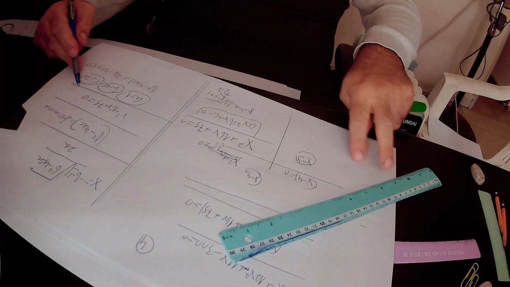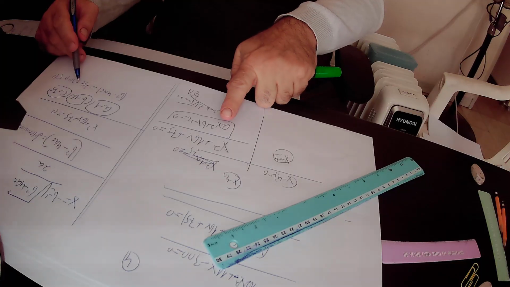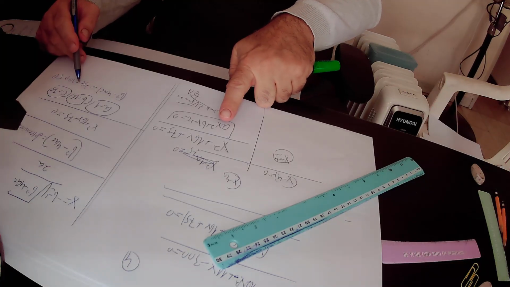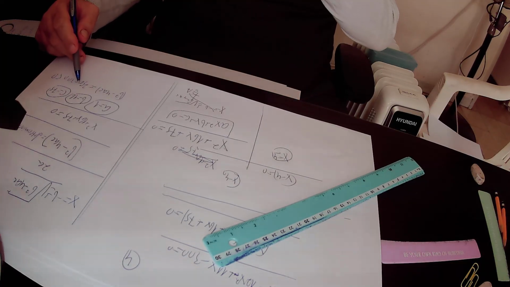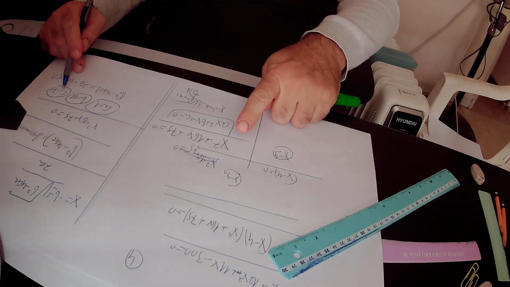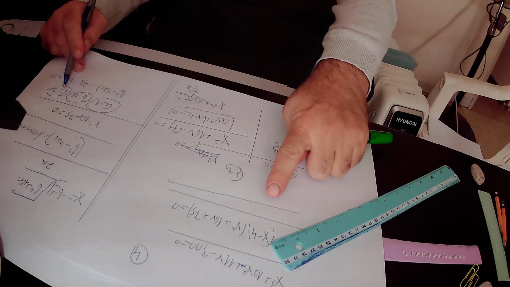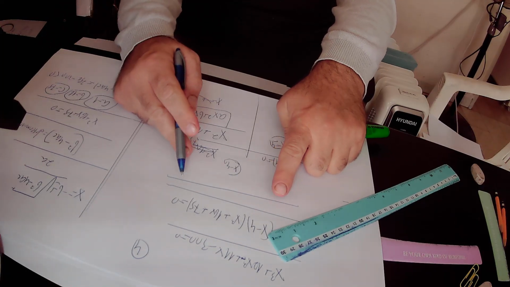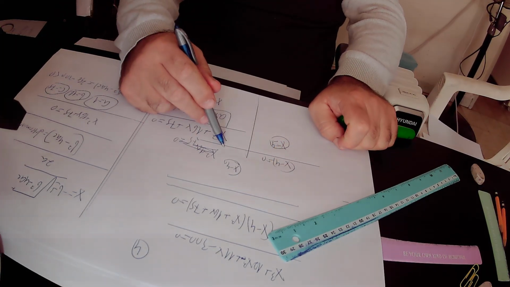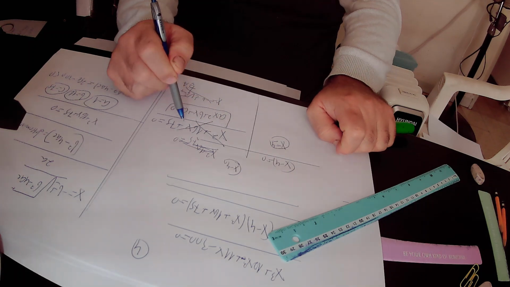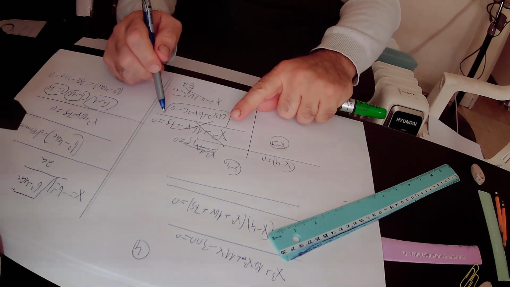And because this quadratic equation has no solution at all, the second solution to this equation is an incorrect solution. So we cancel the solution because the quadratic equation has no solution at all.